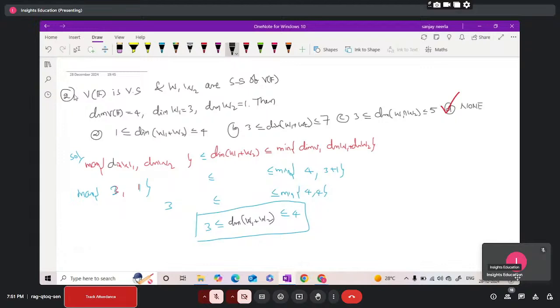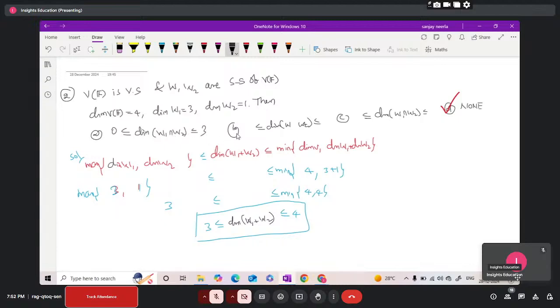So here the first option, the intersection is 0 to 3.